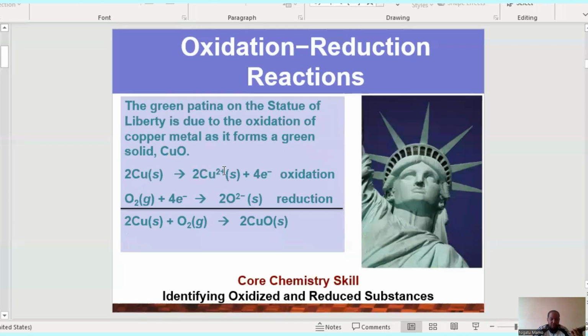It is oxidation, because the oxidation state of copper is changed from 0 to plus 2. The oxidation state of any neutral atom is 0. Oxygen gains 2 electrons, and it forms O2-. The oxidation state of oxygen is changed from 0 to -2. This one is reduction, and the overall reaction is an oxidation-reduction reaction, or we call it redox reaction.